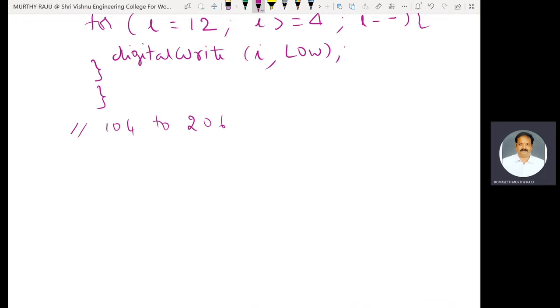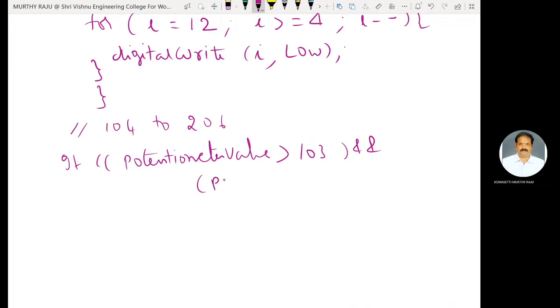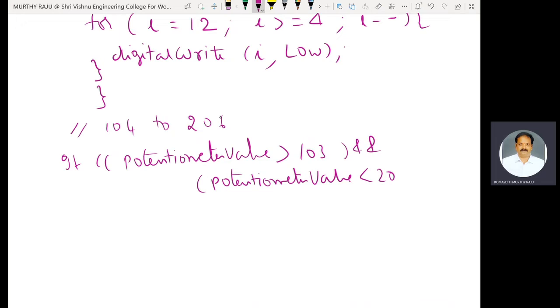You choose these values randomly. If the potentiometer value is greater than 103, that means 104, and potentiometer value less than 206, that means 104 to 205, 206, two brackets close.